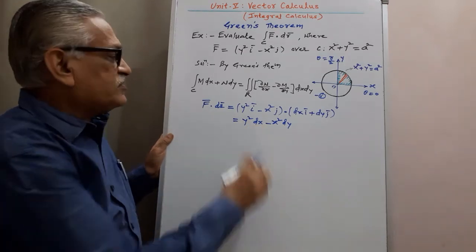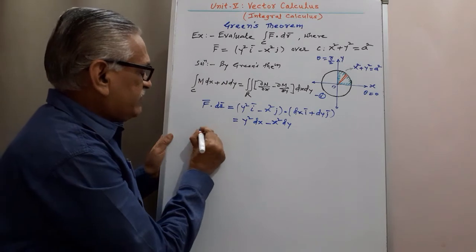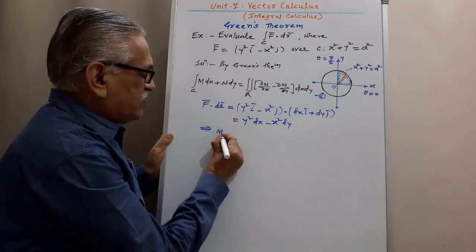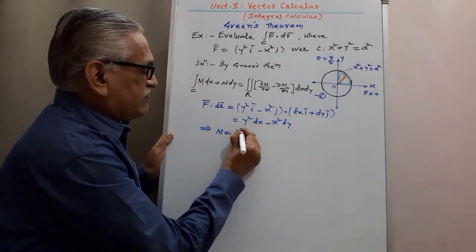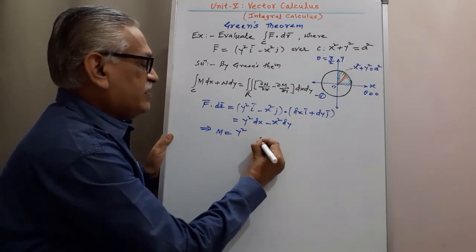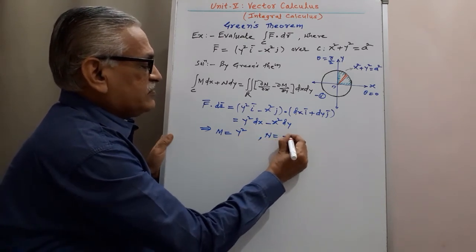Comparing with M dx plus N dy, we get M is the coefficient of dx, here it is y square, and N is the coefficient of dy, here it is minus x square.